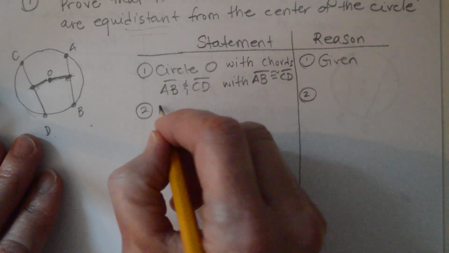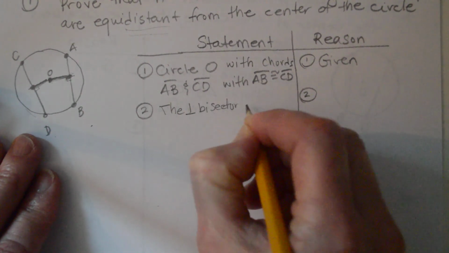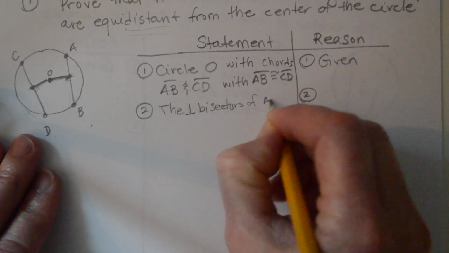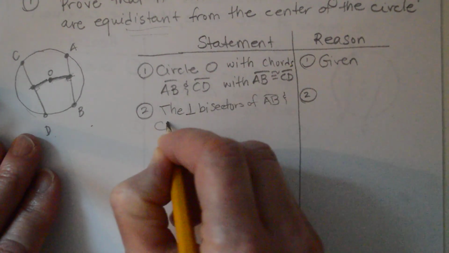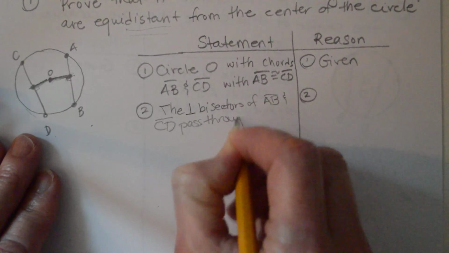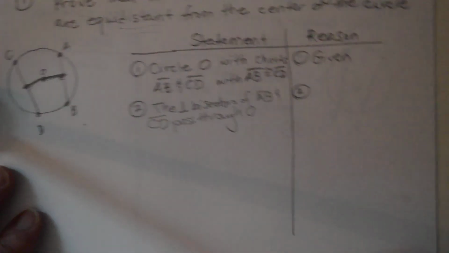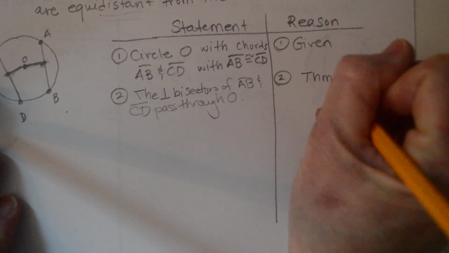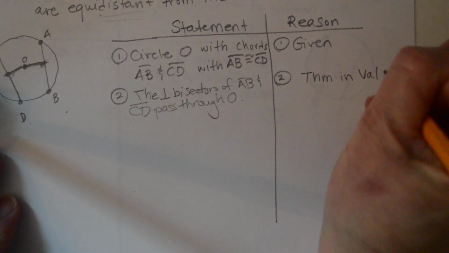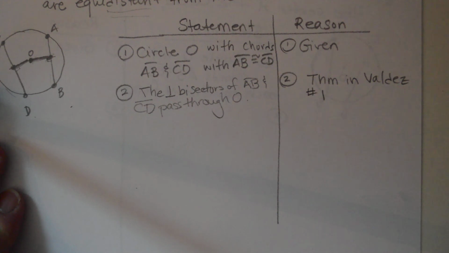The perpendicular bisectors of AB and CD pass through O. Right, and again, switching pencils here, that came from the theorem in Valdez number 1. That the perpendicular bisector of a chord passes through the center of the circle.